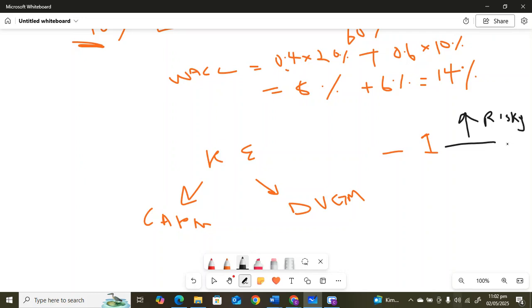There's a possibility that the company you invest in might make a loss and you might lose your money. But in the event that the company makes a profit, then you also expect to get high returns. If the equity beta is below one, these are less risky, so do not expect high returns.